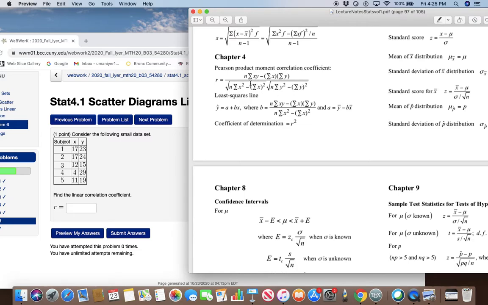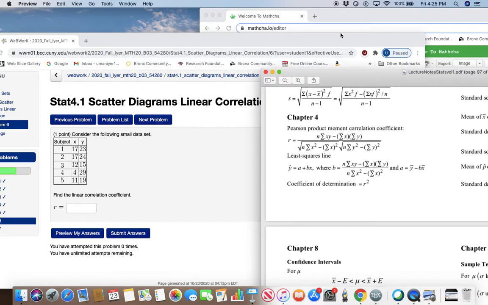So a whole bunch of things we need. The main ingredients being summation x, summation y, summation x squared, summation y squared, and summation xy. So let's get that ready.